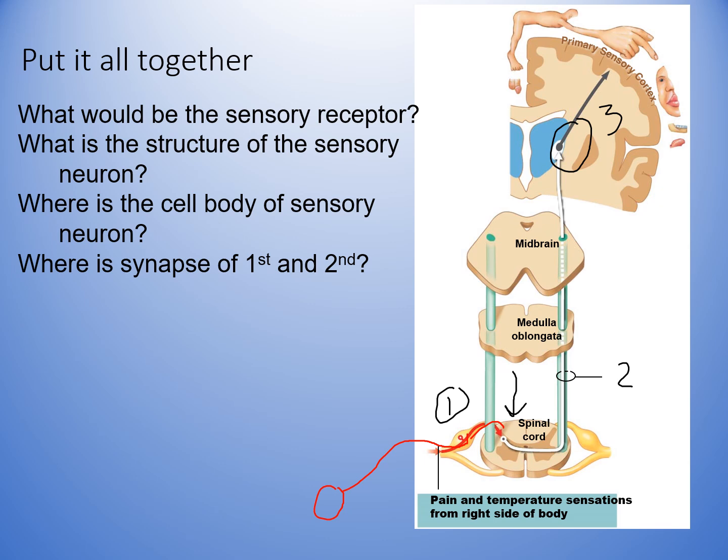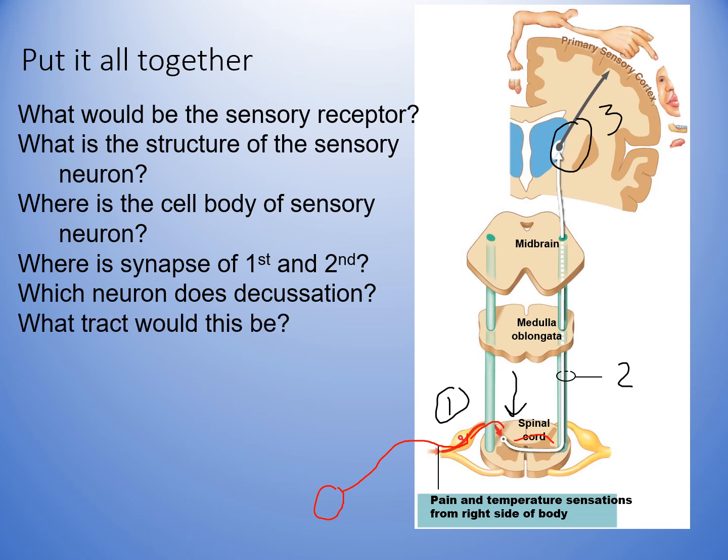Okay, before we rise up the spinal cord, we're going to do something that white matter generally does. We're going to go over to the other side of the spinal cord, and that's called decussation. And we know that white matter does that. Now, we're carrying conscious information. So what tract is this?